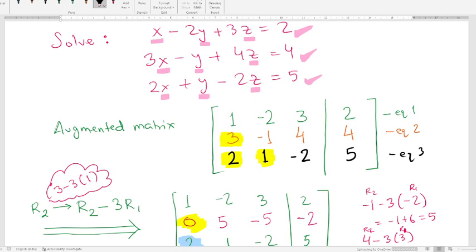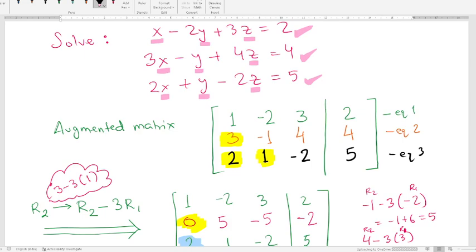We have highlighted three different numbers in the lower triangular region. Our aim is to get those numbers equal to 0. So 3 has to be made 0, 2 has to be made 0, 1 has to be made 0.